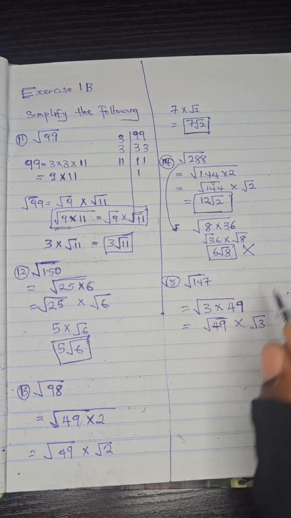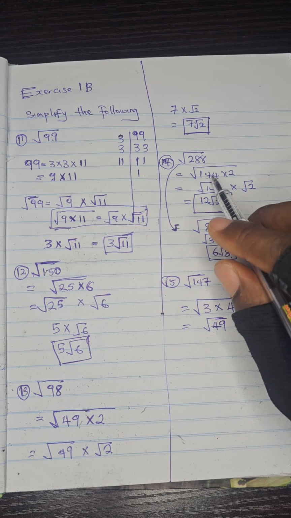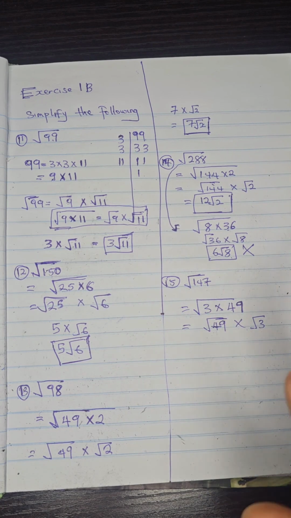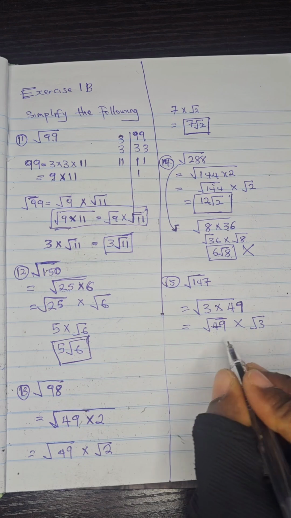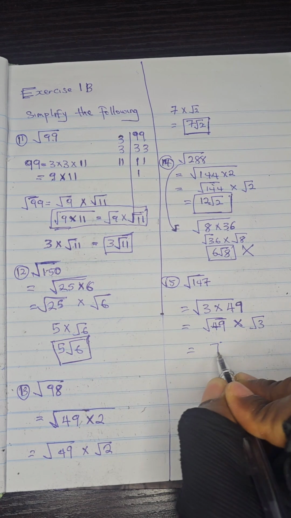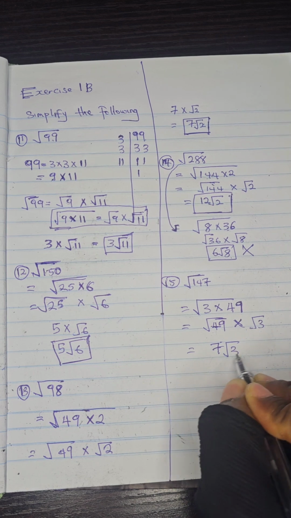It's still the same. I think I did it somewhere here, 144. Okay, I did it here. When you interchange it, it's still the same. 2 times 3 is 6. 3 times 2 is still 6. So let's not get confused because of that. So then the next is 7 root 3. This is the final answer.